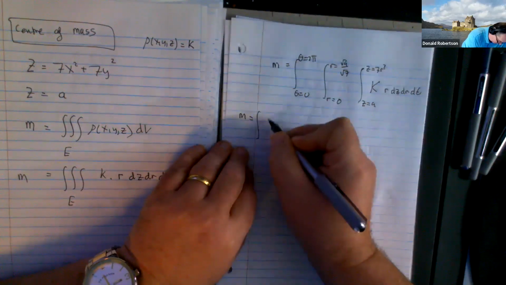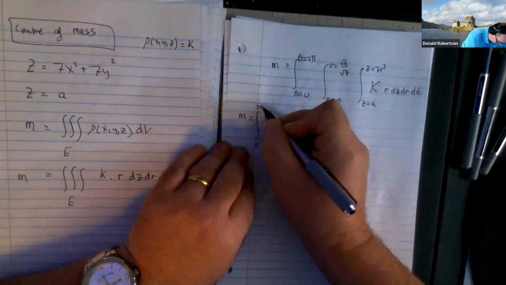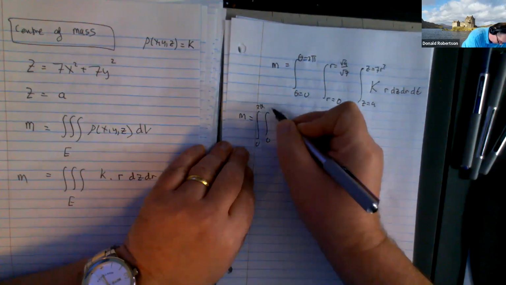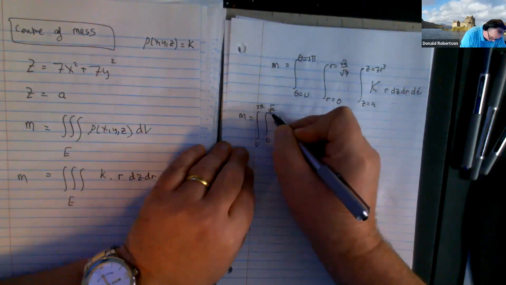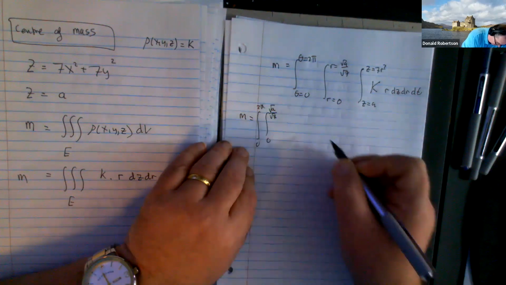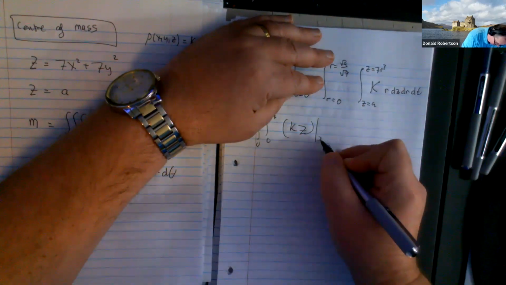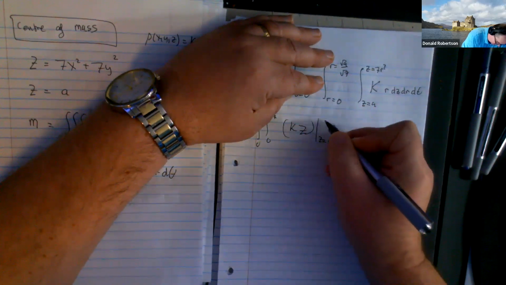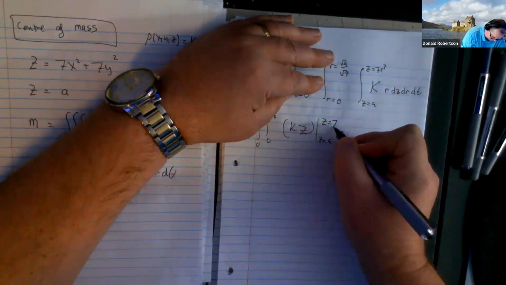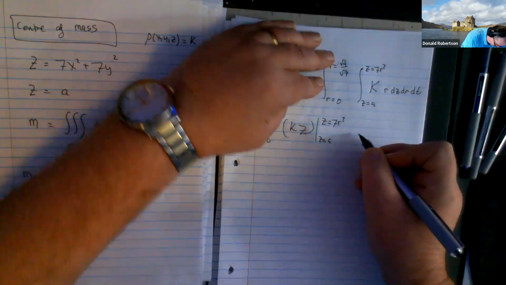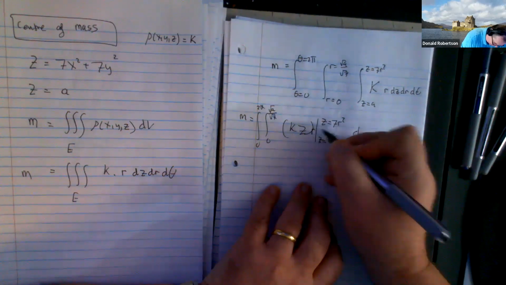So I've got these two guys, and this fella. So what do you get? You get k times z evaluated at a and at 7r squared. Oh, times an r. Almost missed it.